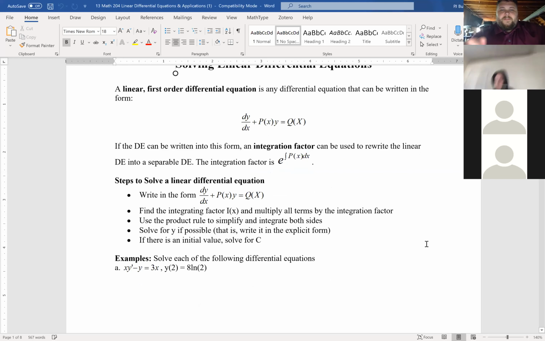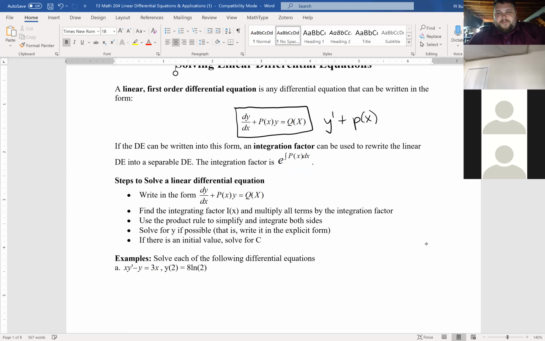And those are of this form. So I want you to memorize this form. You might also see y prime instead of dy dx. Then there's some function of x times y equals some q of x.